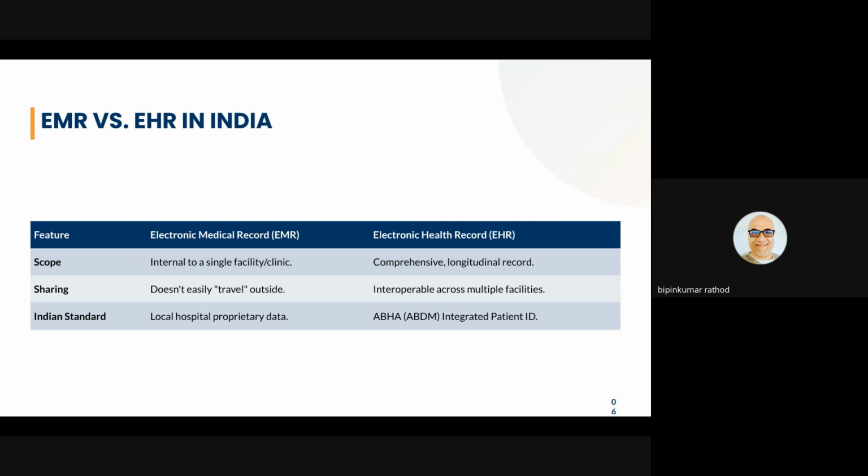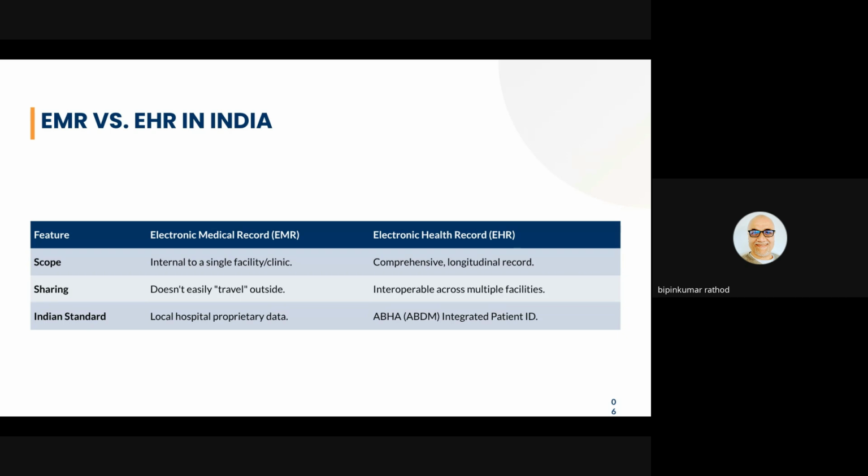In an Indian context, most of the EHR and EMR usage is actually confusing, because there are clear-cut features that differentiate EHR and EMR.